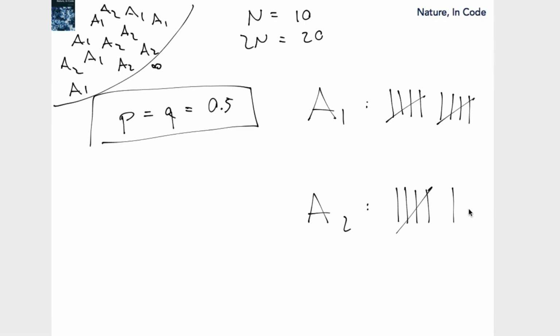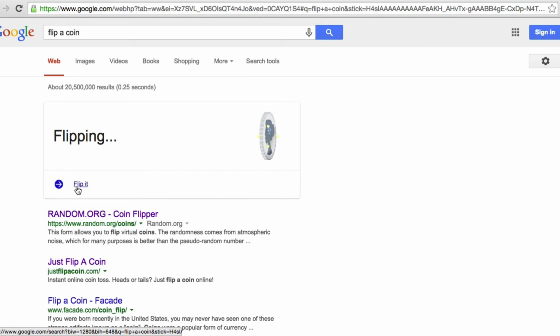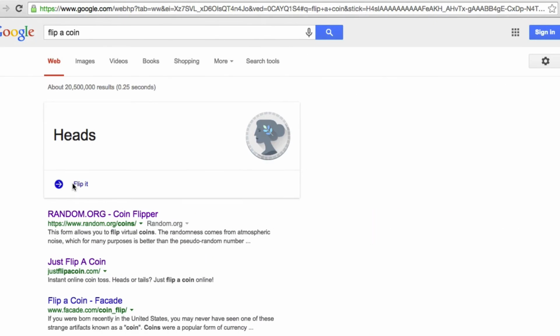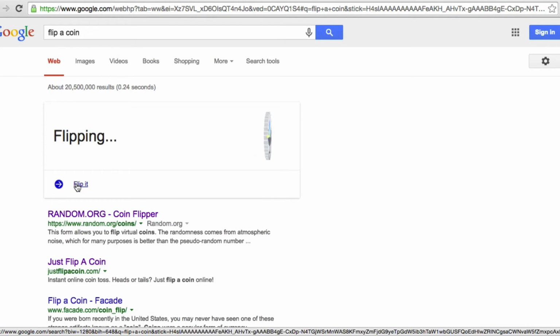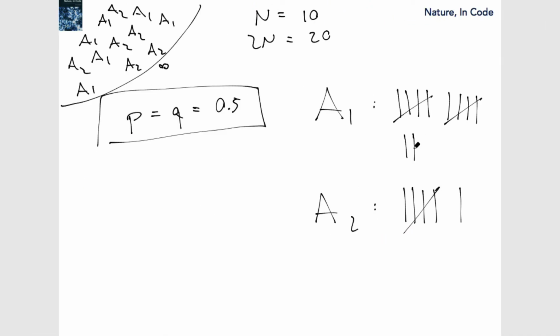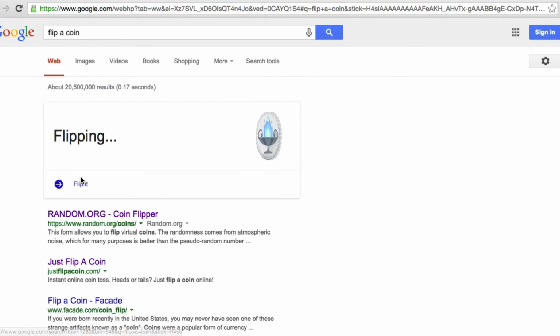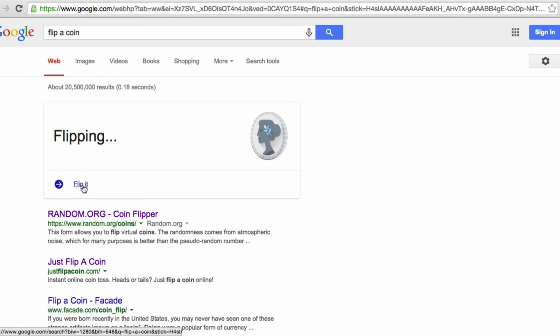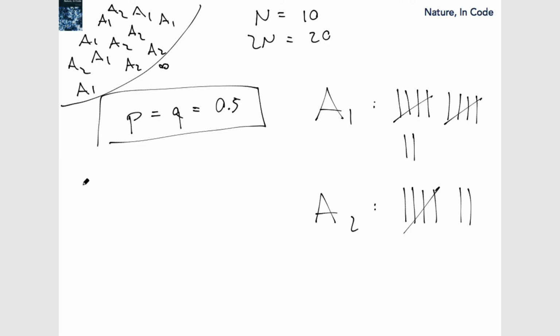All right, I got 16, so 4 more. Heads. So this is a fair coin. Heads. Wow. Okay. Tails. And one more. Heads. All right, so the tally is 13 and 7 here.